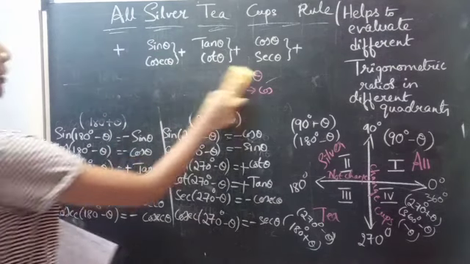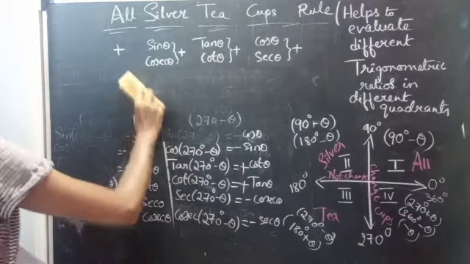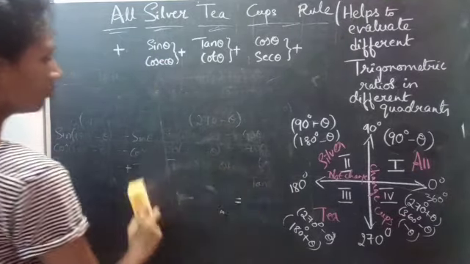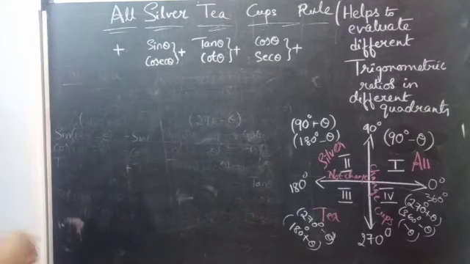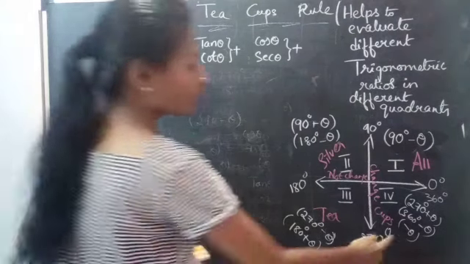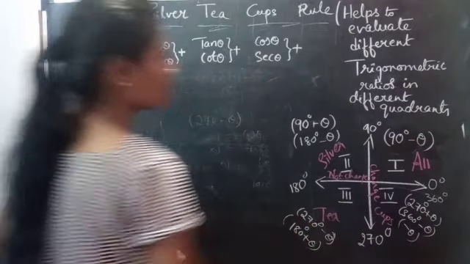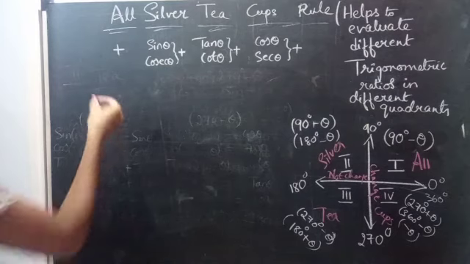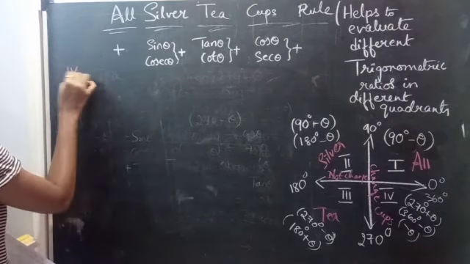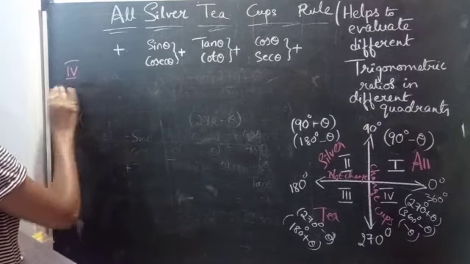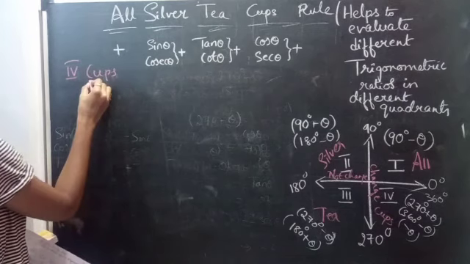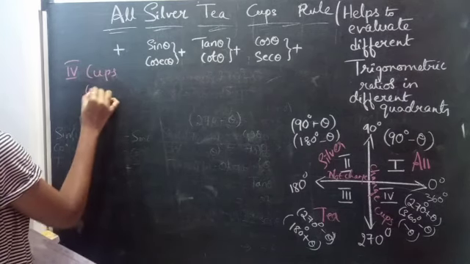Next, the fourth quadrant. For the fourth quadrant, you have to find for 3 angles. Fourth quadrant, CUPS. C stands for cos.